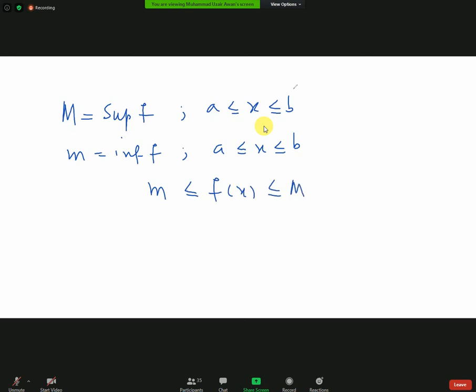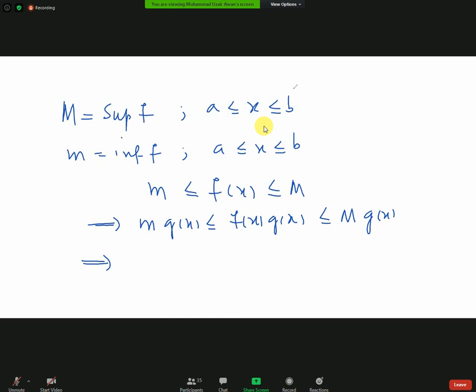I multiply each side of this double inequality by g of x to get the following, which is less or equal to this.